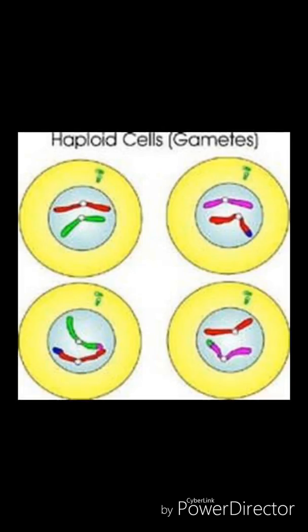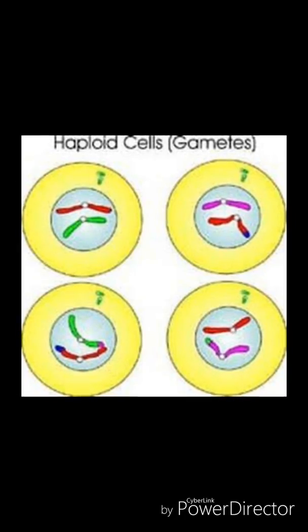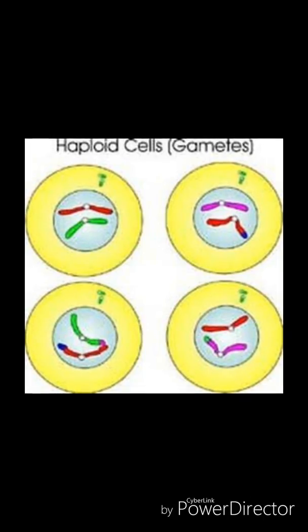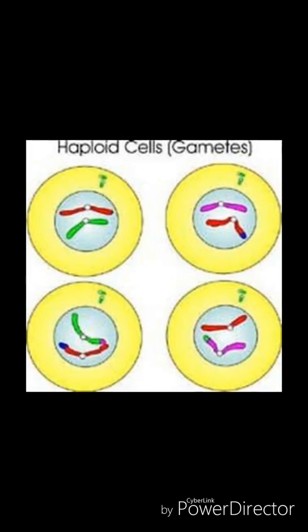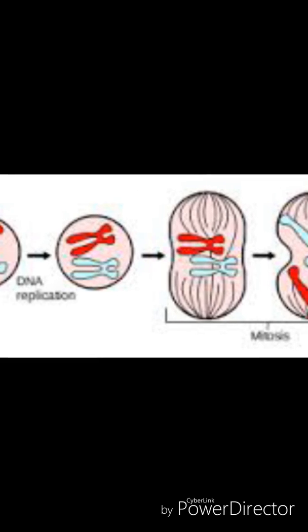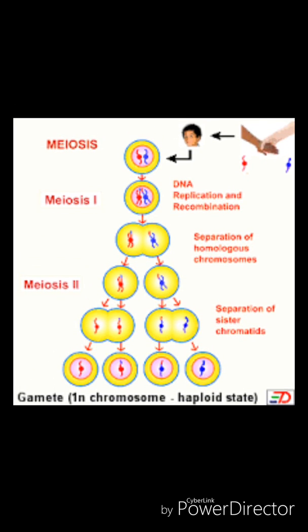Meiosis results in four haploid daughter cells by undergoing one round of DNA replication followed by two divisions. Depending on the type of cell, there are two ways eukaryotes divide: mitosis and meiosis. Each of these methods of cell division has special characteristics.